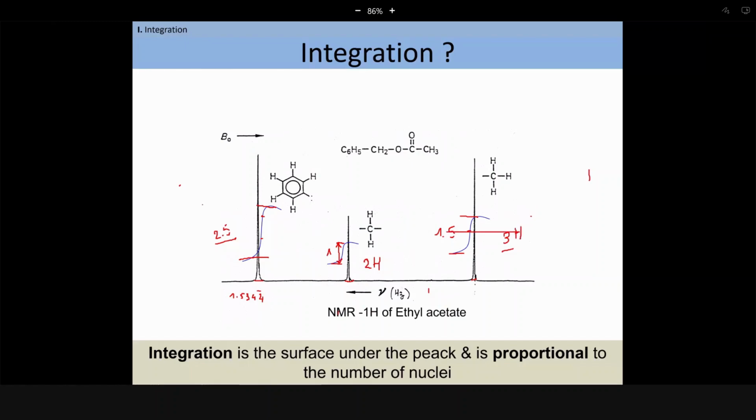And here I have 5 protons. So only with the integration calculation, we can already say the number of protons I have in each group.